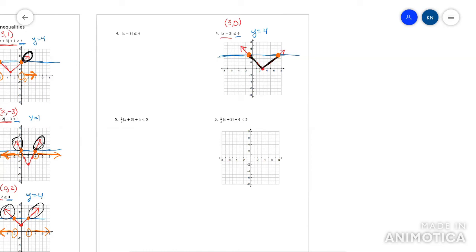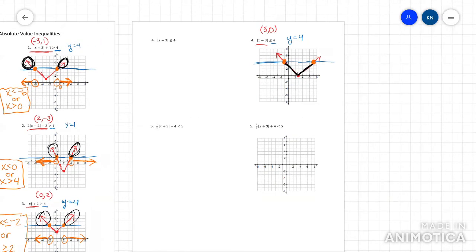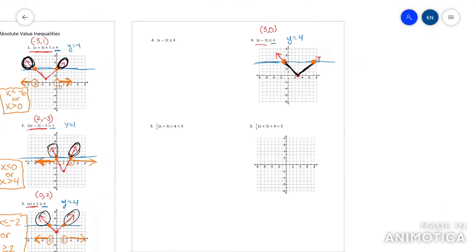Now, when they're not going opposite directions, like before, when these answers were going opposite directions, when they're going towards each other, you just write it like this. It's -1 here, all the way to 7 here. So you can write it as one inequality.